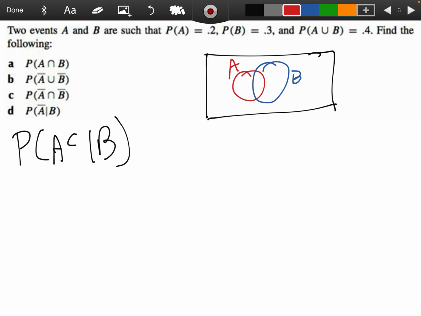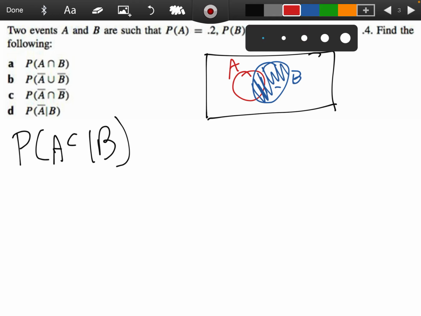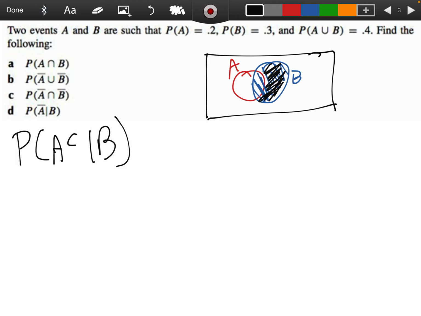But given that B is true, given that we're somewhere in circle B, what is the probability that we're not in A? So we're confining our attention to that part of B which is not in A. And so it's the not A part of B divided by B, because we're somewhere in B.